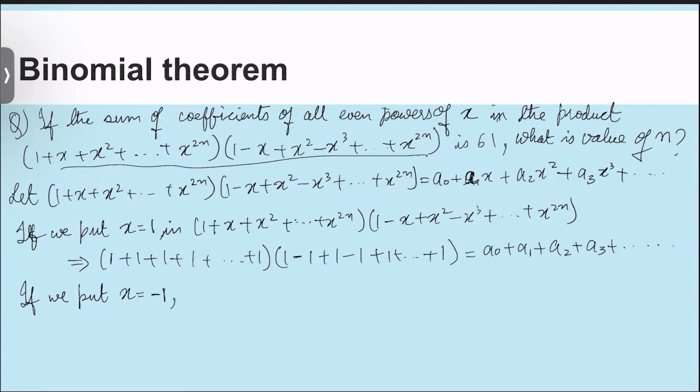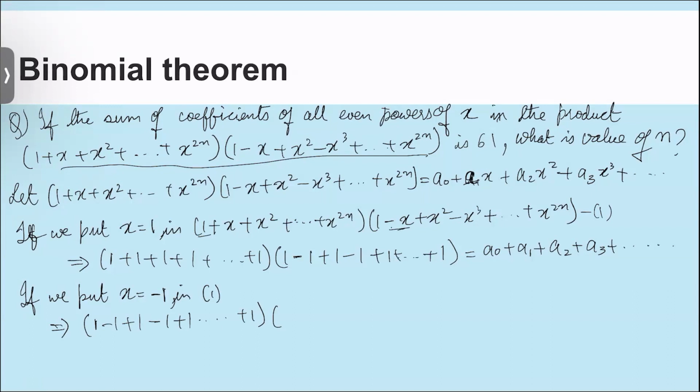Now, if you put x equals minus 1 in the same thing, say this is your 1, in 1 we get 1 minus 1 plus 1 minus 1 plus 1 and all the way up to plus 1. And similarly, if you put minus 1 in this, all your negative signs will actually change into positive, so all of these end up becoming positive.